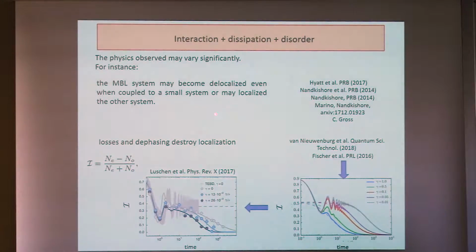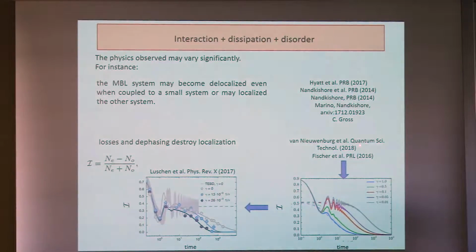So what happens when you have dissipation? This has been studied in various ways. In some works, they put another system next to the first one and see whether the localized system can localize the other, or whether it is not localized anymore. Or it has been studied with Lindblad buffs, or heat buffs, to see what happens.